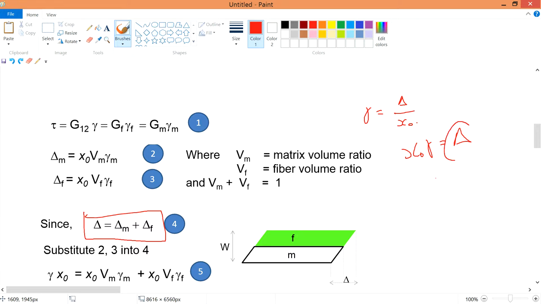Since we know that the triangle can be represented by this, I can simply sub in. If it's gamma, then I sub in x naught gamma, which equals, now it's triangle M, so I'll write x naught for the matrix times gamma M, plus x naught for the fiber times gamma F. If you compare, the x naught is always the same, and it makes sense because x naught doesn't change at all.